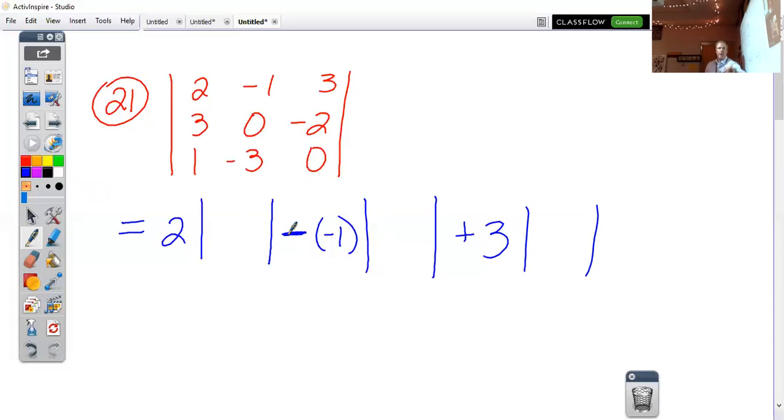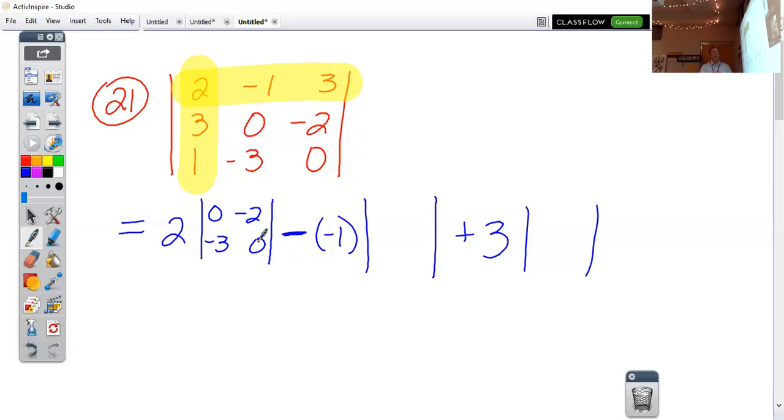And what you go back and put in here is, you see 2 right here? Cancel out the row 2 is in and cancel out the column 2 is in. So I'm going to highlight it. So this row and that column get canceled. What's left? A 2 by 2. And that's what goes in here: 0, -2, -3, 0.